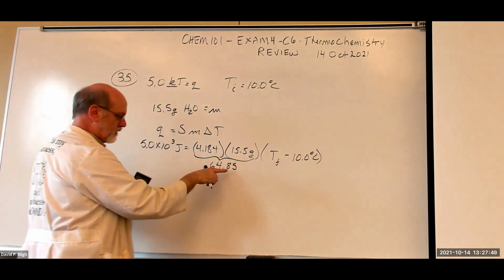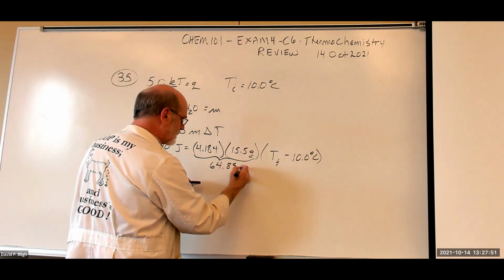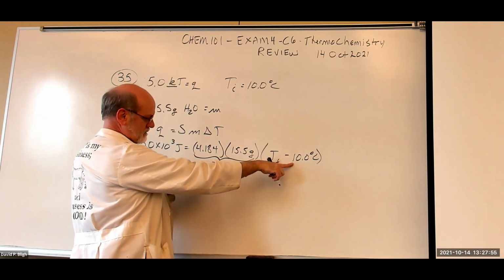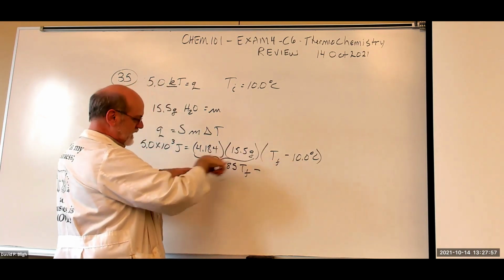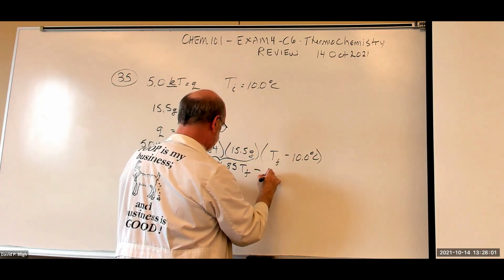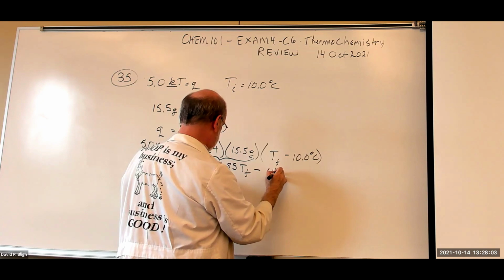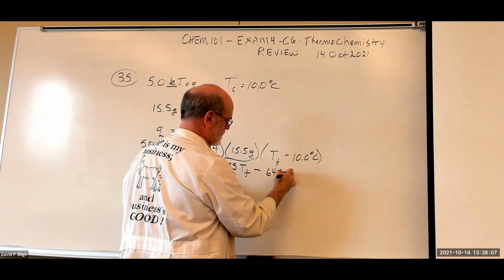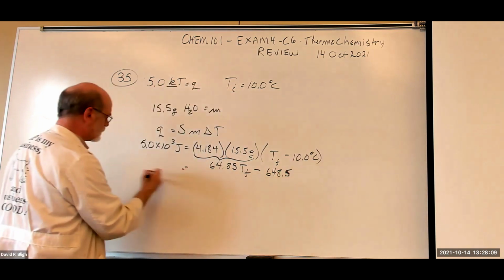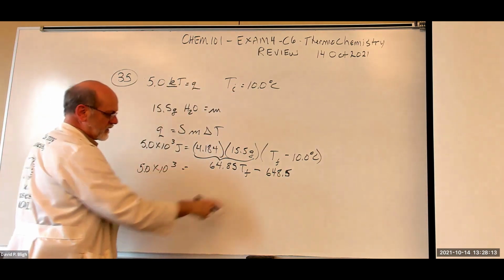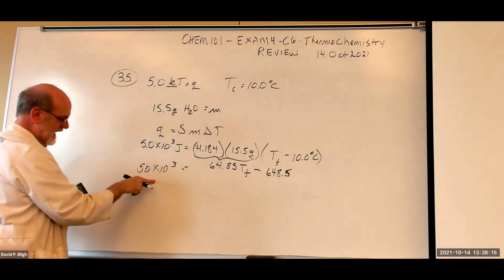So we've got 64.85 times TF minus a negative times this 64 would be 648.5. Okay, is equal to 5 times 10 to the third. So now bring this over here as a positive and add it to that one.